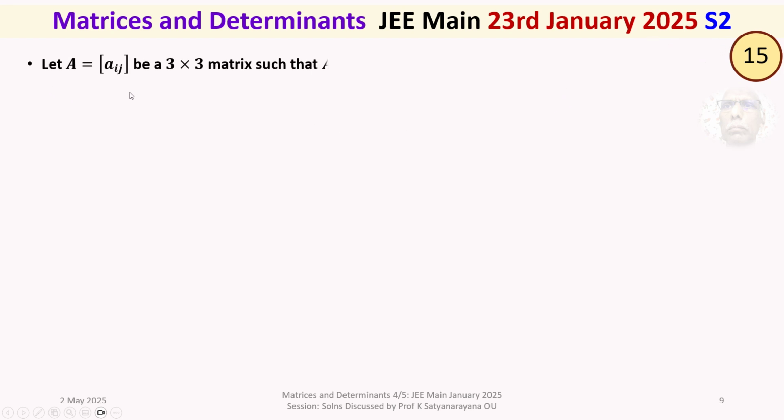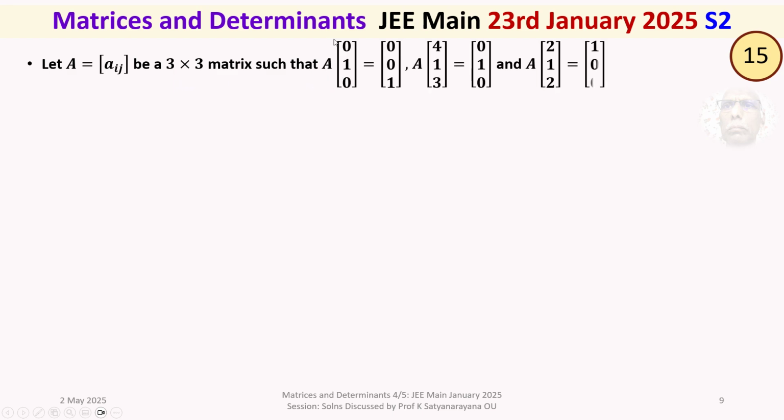Let A equal Aij be a 3 by 3 matrix such that A multiplied by the column vector 0, 1, 0 is equal to the column vector 0, 0, 1, A multiplied by the column vector 4, 1, 3 is equal to the column vector 0, 1, 0, and A multiplied by the column vector 2, 1, 2 is equal to the column vector 1, 0, 0. Then you have to find A23, the entry in the second row and third column. We are given 4 options.